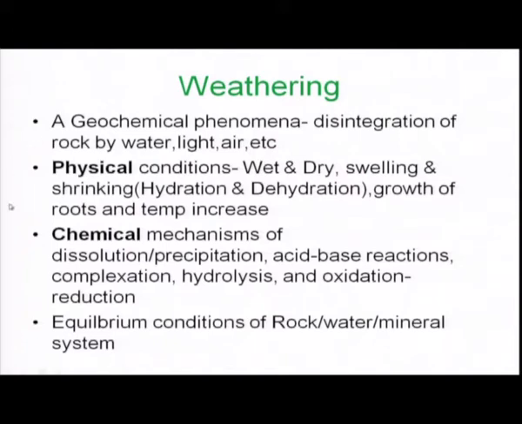But more importantly, the chemical mechanism of weathering of rock is the major one. The chemical phenomena consist of dissolution, solubilization of rock material in water, then precipitation, which is the reverse of it, acid-base reaction, complexation, hydrolysis, and redox reactions, namely oxidation as well as reduction.